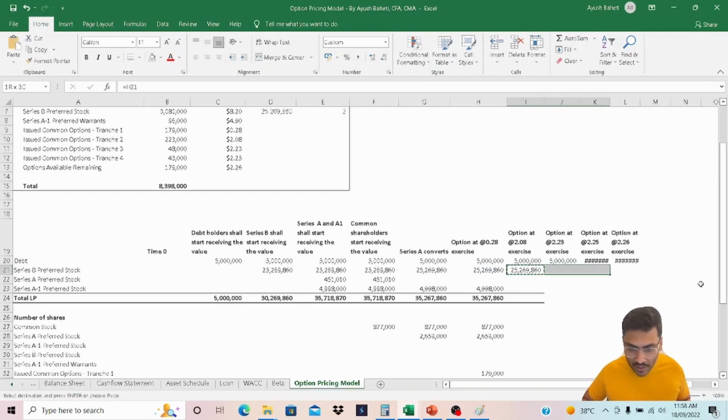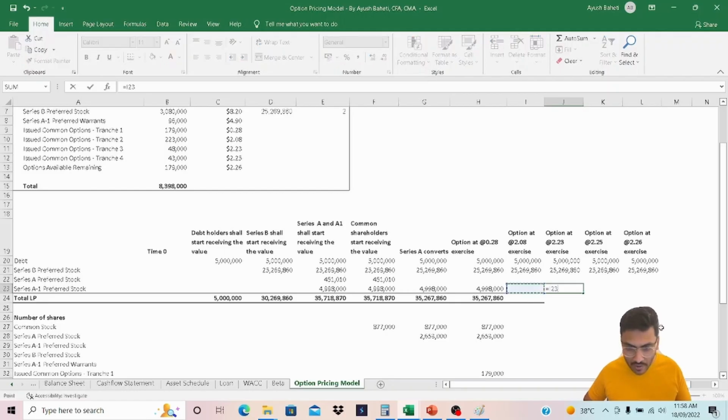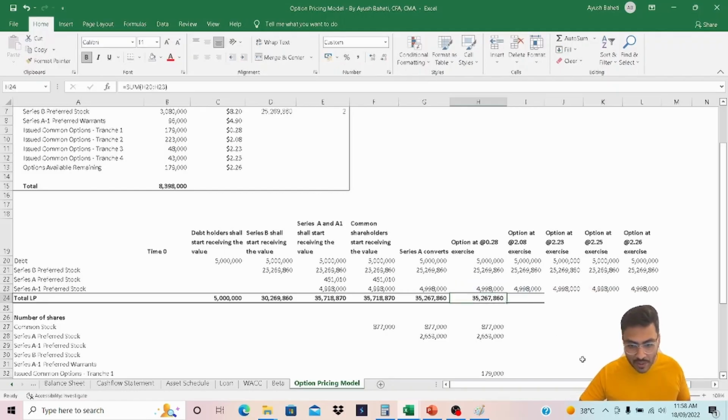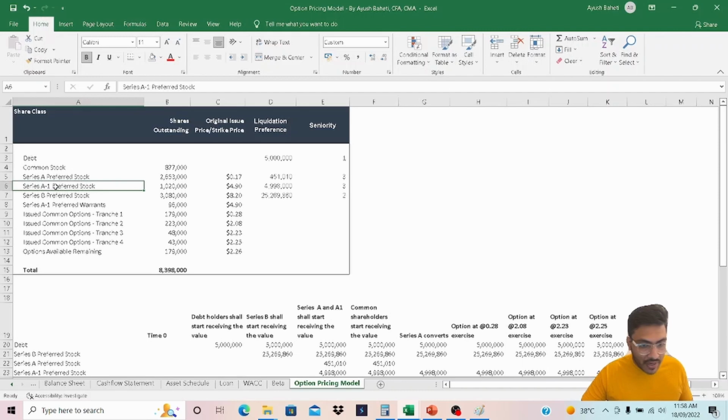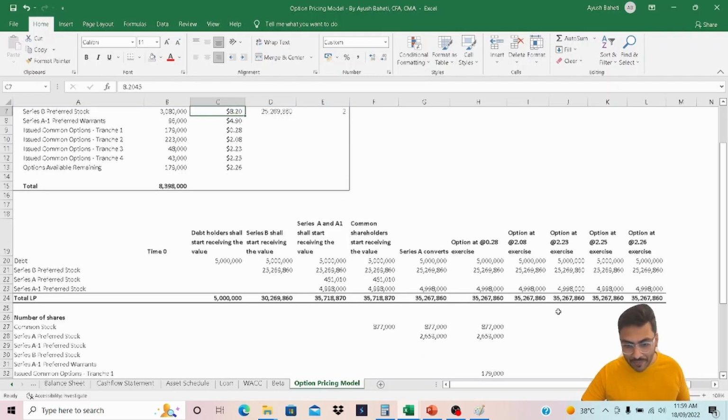Similarly for series B and series A1. See, we are linking this because other preferred shareholders have not converted at this stage, because if you see, preferred A1 has an issue price of 4.9, followed by preferred shareholder B, which is 8.2. They will only convert when the prices go above 4.9 and 8.2 respectively.